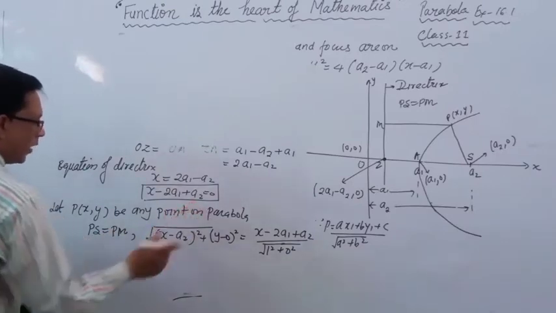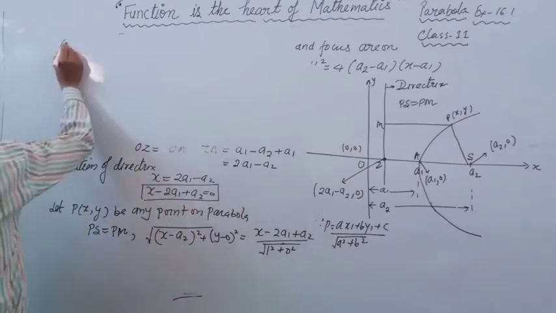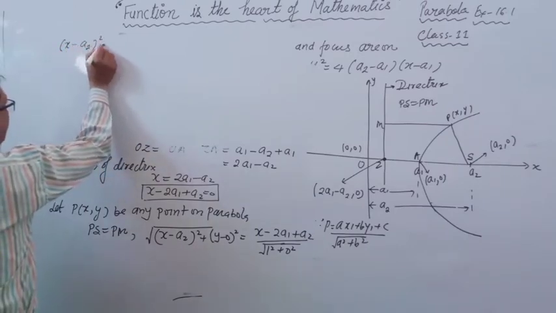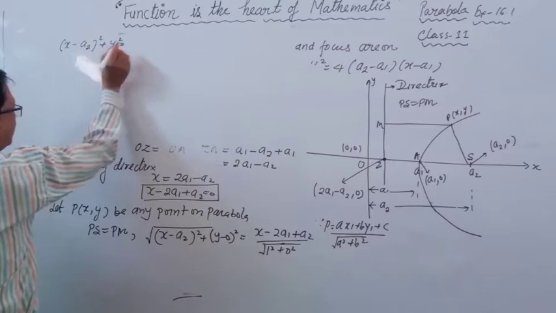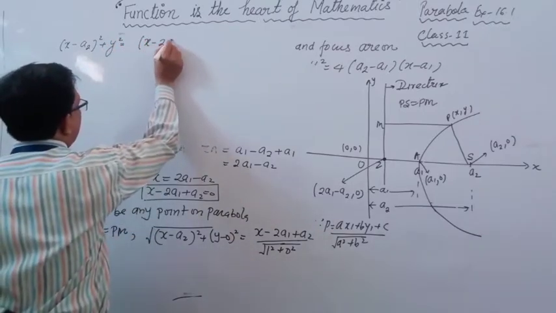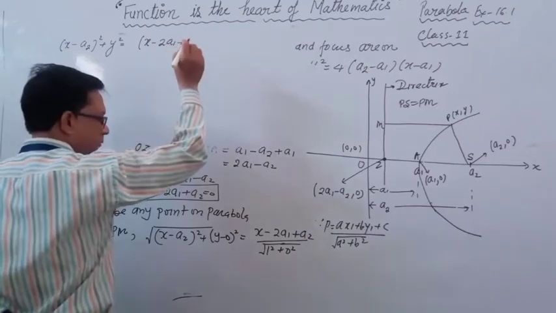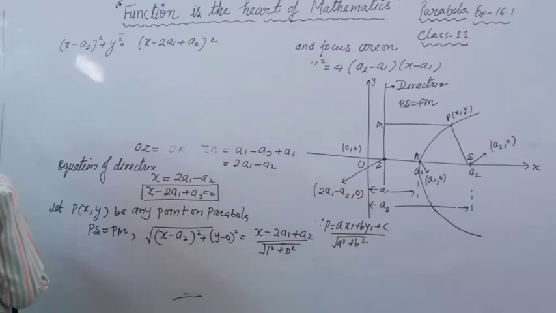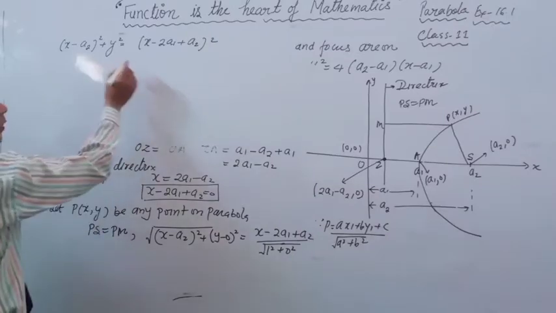Now student, squaring both sides, we get (x minus a2) whole square plus y square is equal to (x minus 2a1 plus a2) whole square. Now we find the value of y square.